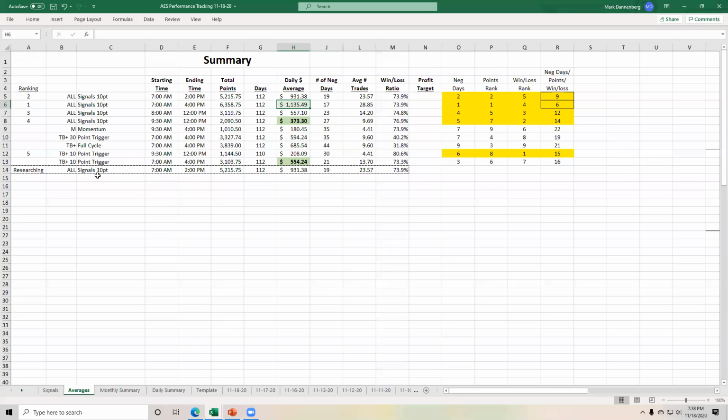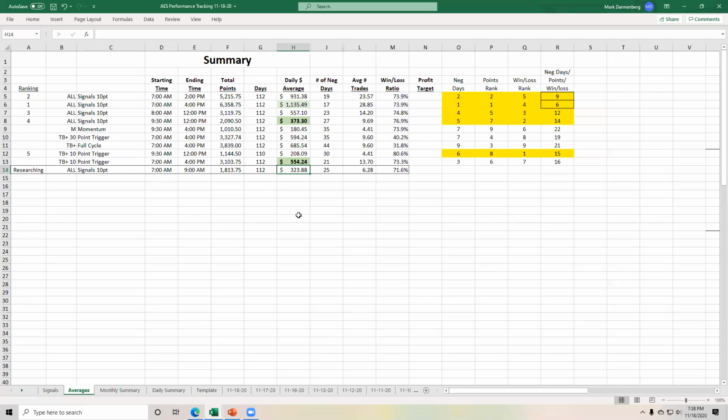All right, next question. Mark, could you show what a 7 to 9 trading day would look like? 7 a.m. to 9 a.m., all signals. So if you traded from 7 a.m. Eastern to 9 a.m. Eastern, and you took all the signals, all 4 of the adaptive entry system signals, and your target is to lock in 5 points when you're able to, or be out at 10 points if it doesn't take you out at 5.